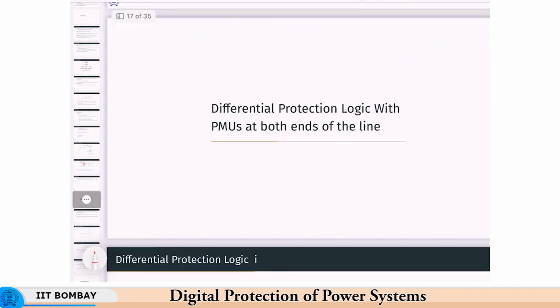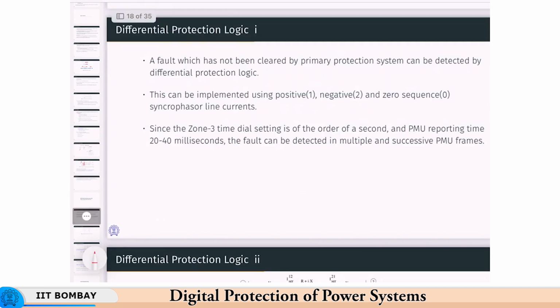Okay. Now, how do we implement a differential protection logic? As the name suggests, it will be based on comparison of the 2 line currents as measured by the 2 end PMUs at the 2 ends.